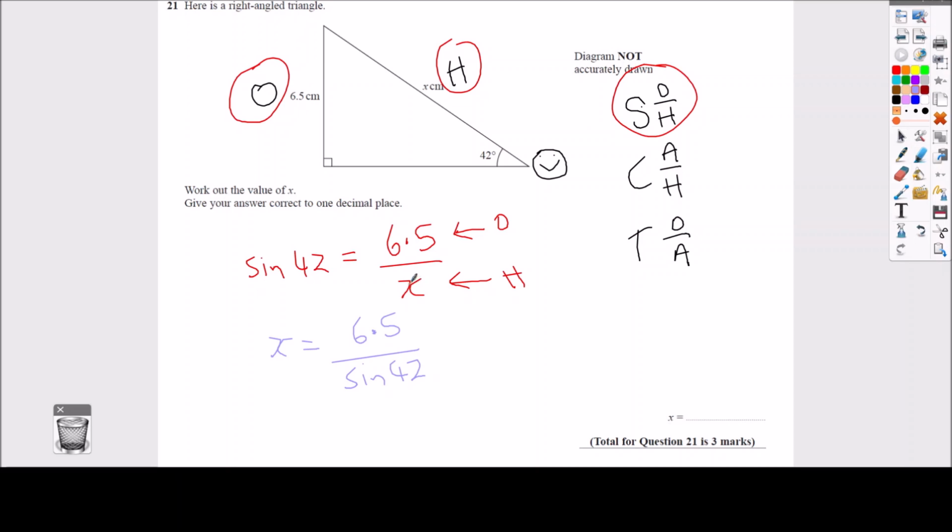We've multiplied both sides by x, then divided by sin 42. So get your calculator out and do 6.5 divided by sin 42, and you get 9.714. Read the question: one decimal place, that is 9.7.